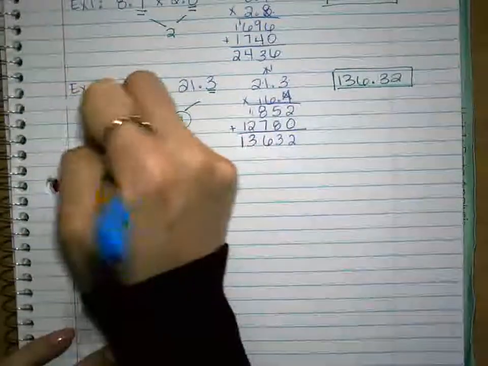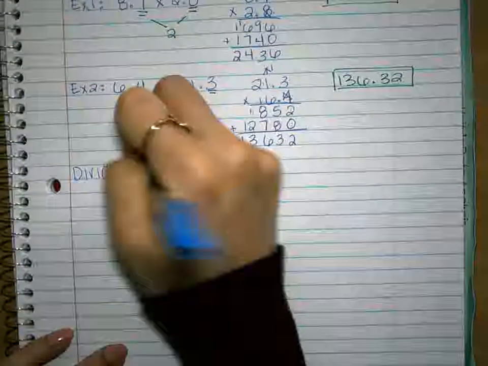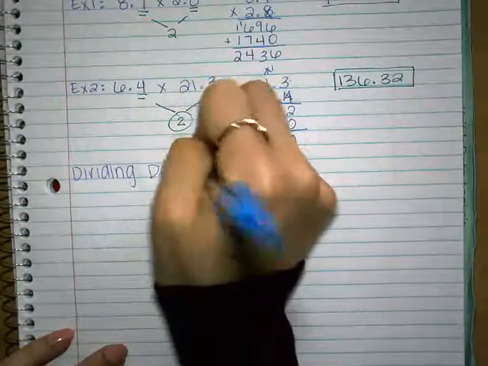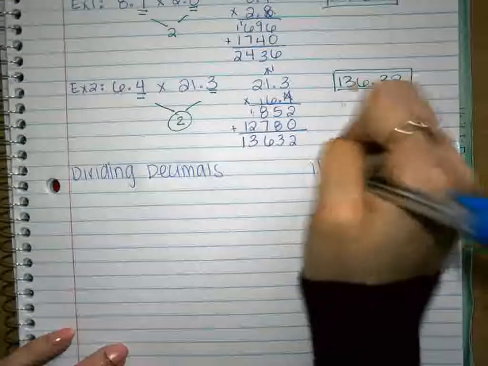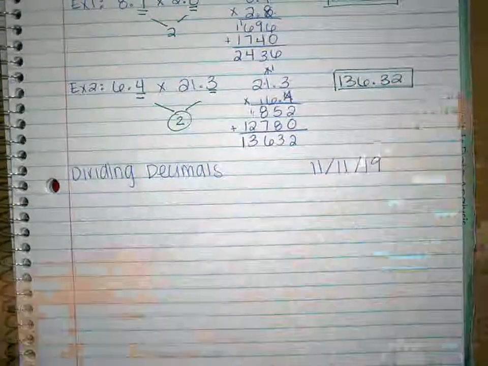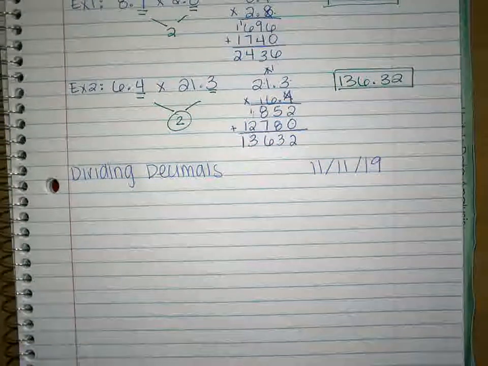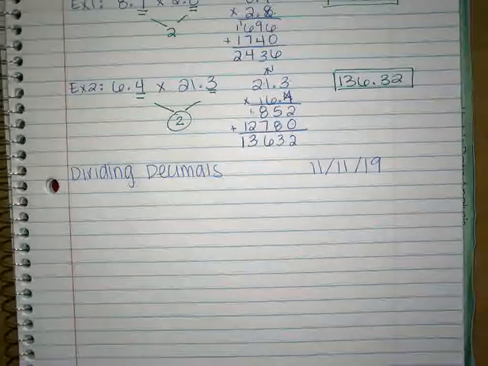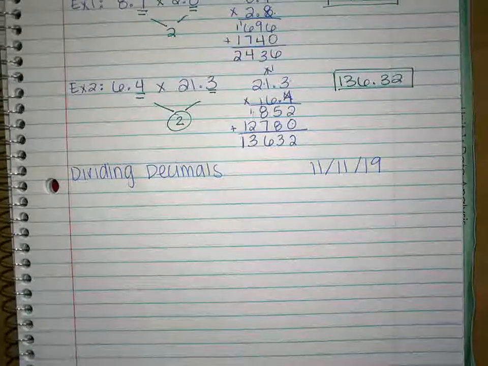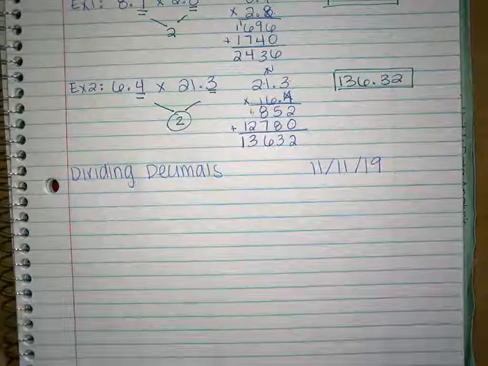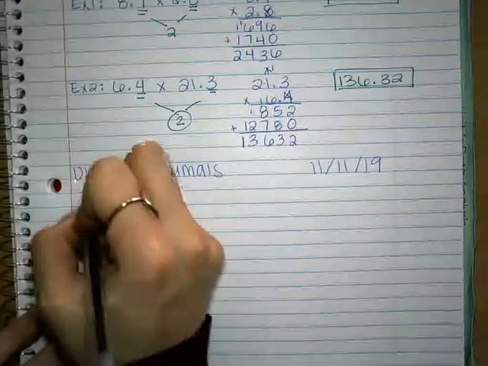I'm going to write dividing decimals here. And 11/11/19 is the date. And I'm going to do example 1.